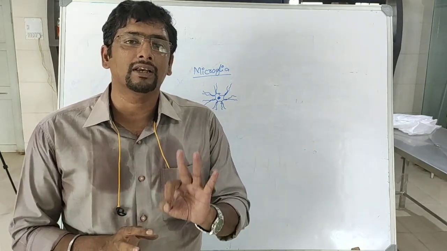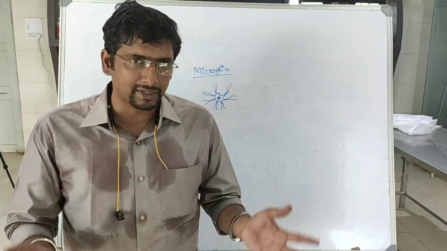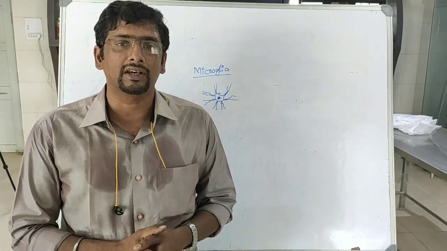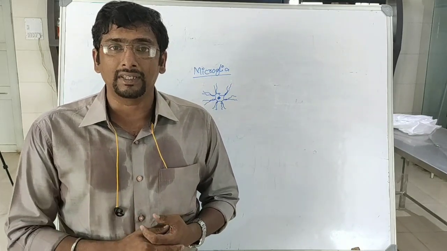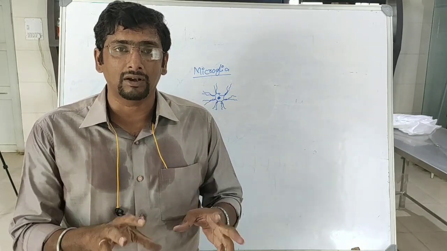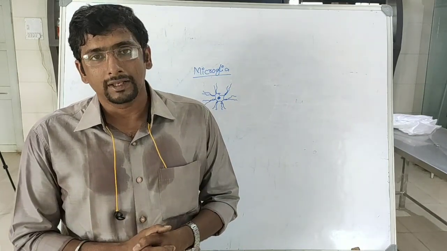Next are the ependymal cells, which are again of three varieties. One is the ependymal cells, generally present everywhere in the walls of the ventricles. The second is the choroid epithelial cells, present on the choroid plexus of the ventricles, which help in the secretion of CSF.